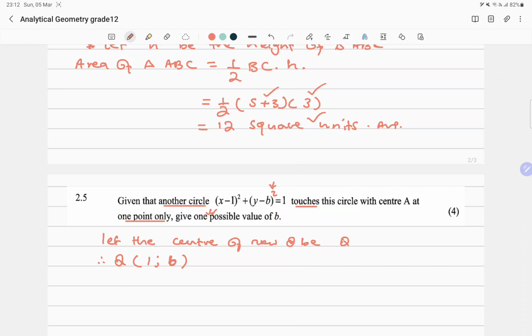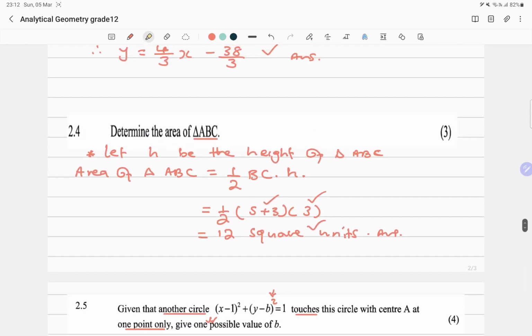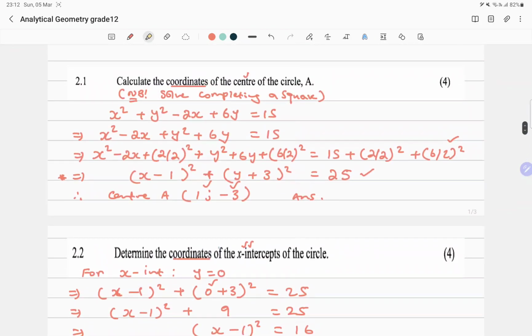But now, of note, do you realize that the x-coordinate of our circle, the new circle, is the same as the x-coordinate of our circle with center A?